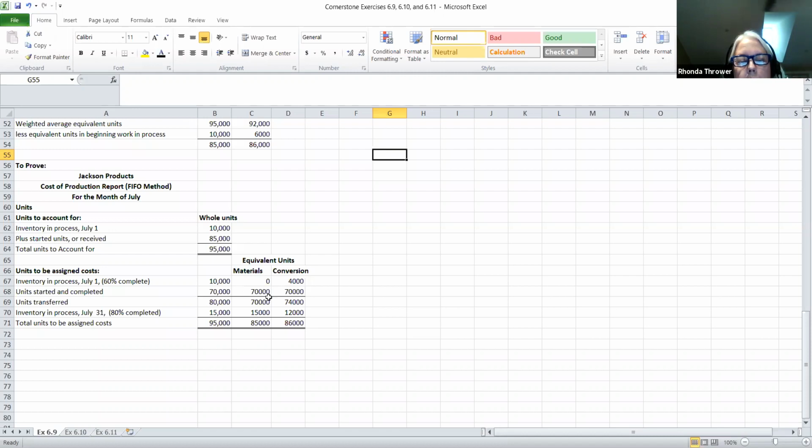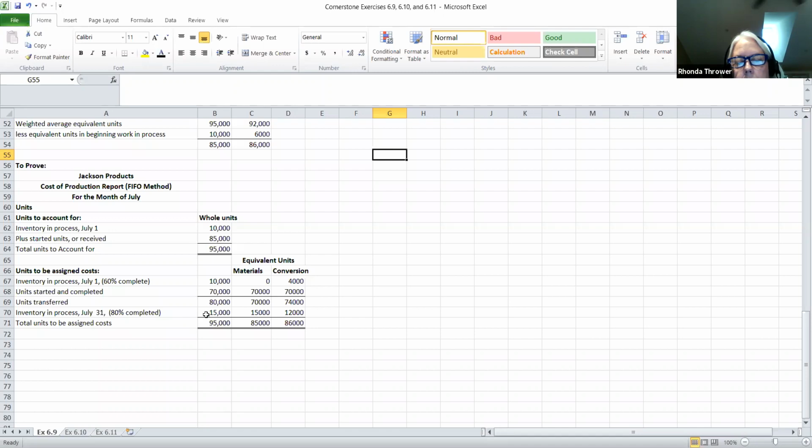We knew that we started and completed. If we started and completed 70,000 units, all of them have materials and all of them have conversion. Then you add the two of these together, and then we work on our ending inventory. Our ending inventory has all the materials added, so that is 100% of the 15,000 that we've got here, but they're 80% completed this period for conversion.